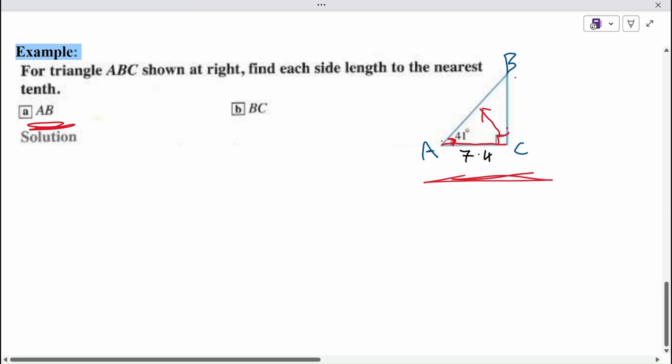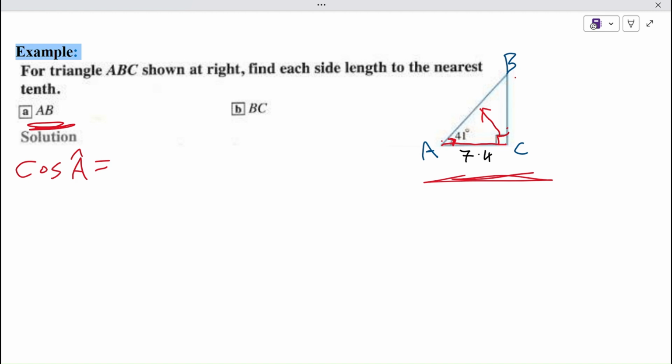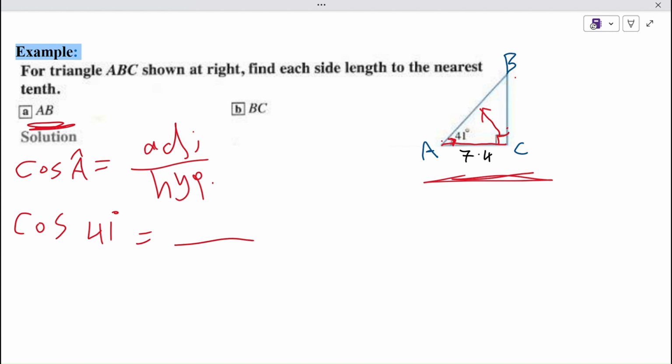Cosine A is equal to adjacent over hypotenuse. Okay, so A is given as 41. Cosine 41 is equal to adjacent, which is 7.4, over hypotenuse, which is not given.